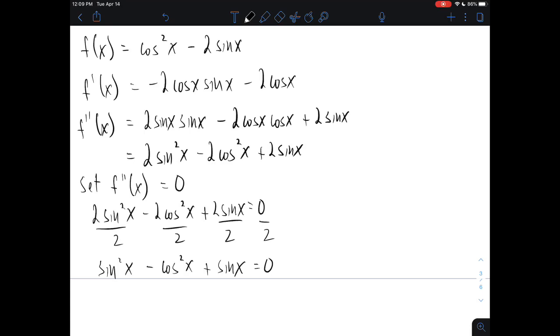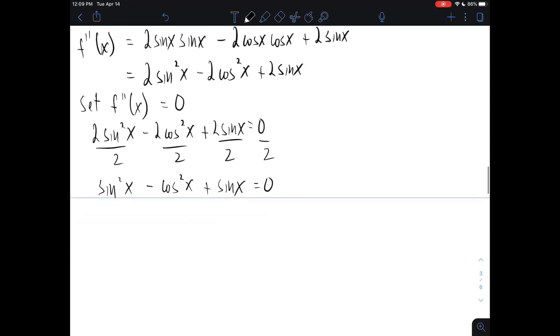And then I want to get everything in terms of one trigonometric function to make this easy. So I'm going to have everything in terms of sine x. To do that, I need to use the Pythagorean identity on cosine squared x. So then I have sine squared x minus, and instead of cosine squared x, I'm going to write 1 minus sine squared x, and then plus sine x equals 0.